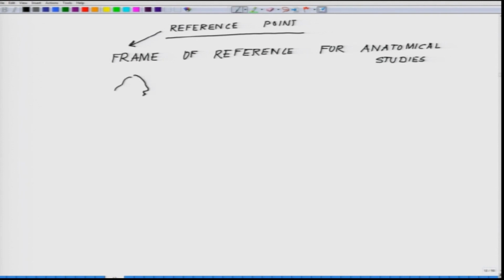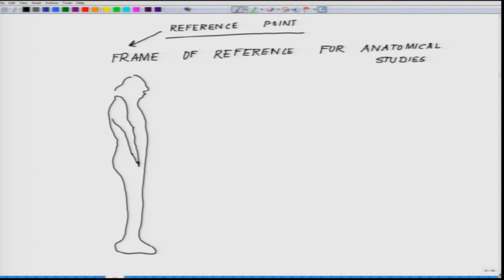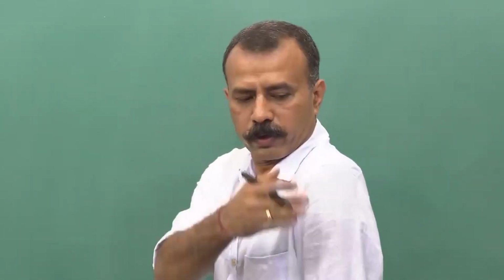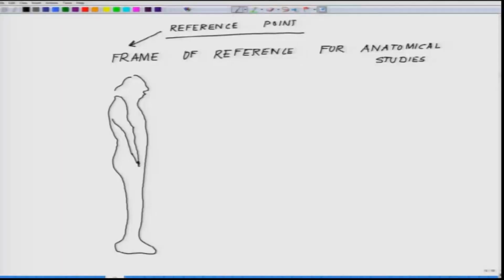So this is your standing. If you look at me, I'm standing sideways now. If you look at the sideways you can see this picture. So if you stand sideways, this is how it will look. How do we put the reference? This is the cranial part.